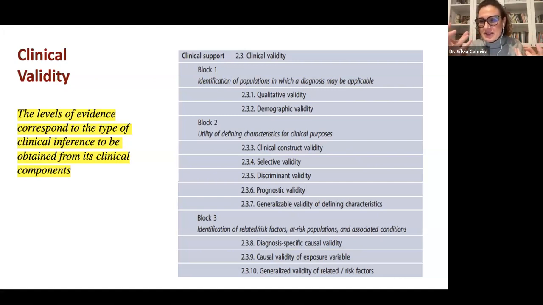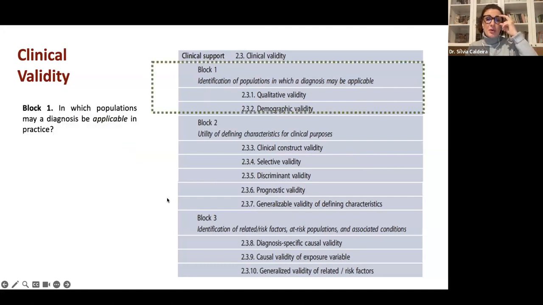It's like live research. This is very interesting, and we could think on this in different levels, as you can see here, block 1, block 2, and block 3. So in block 1, in which population may a diagnosis be applicable in practice?